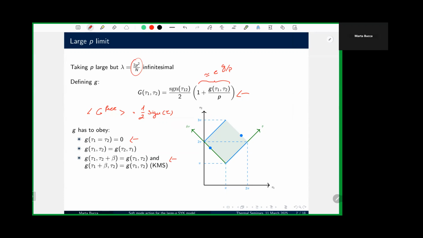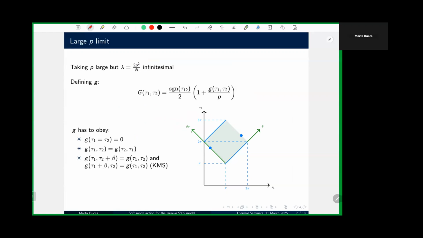So g of tau 1, tau 2 plus beta is equal to g of tau 1, tau 2, and g of tau 1 plus beta, tau 2 is equal to g of tau 1, tau 2, where beta is the inverse temperature. So if we put all of these conditions together, this restricts our area of integration quite significantly.